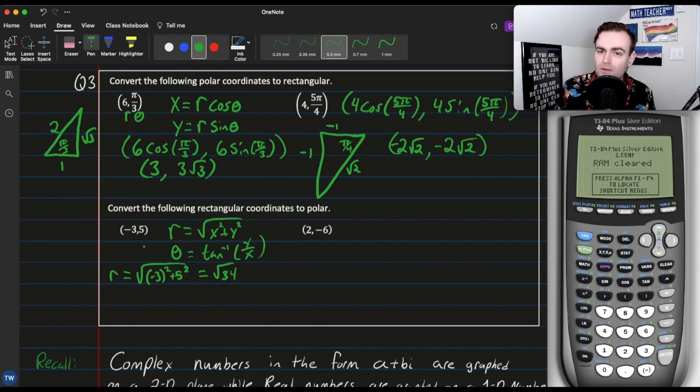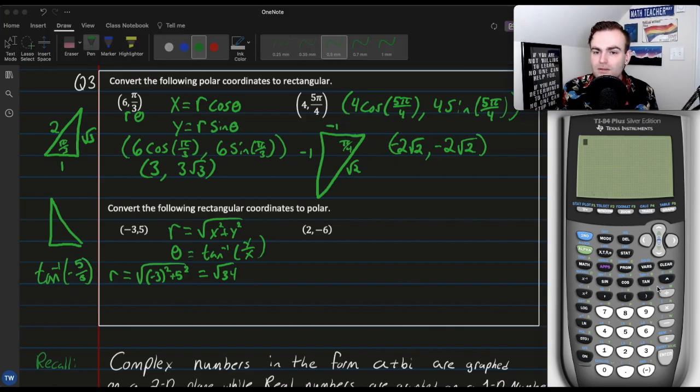Now we need to find the angle. And when we find the angle, we really need to be careful about the quadrant. Negative x, positive y puts us in quadrant 2. Inverse tangent doesn't exist in quadrant 2. But the inverse tangent of negative 5/3 does exist, right?